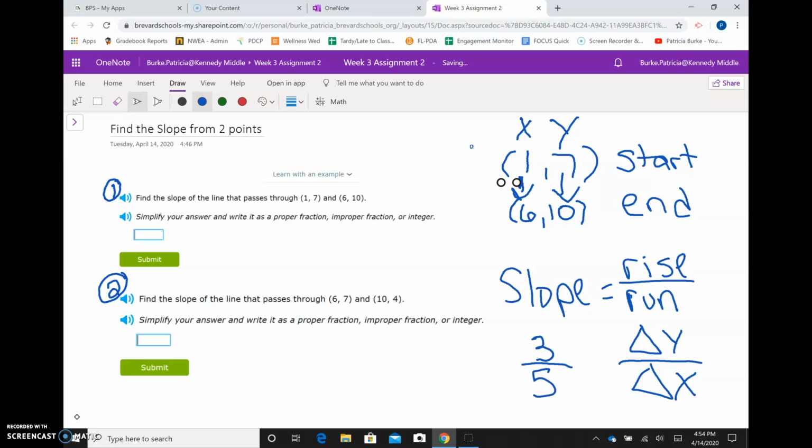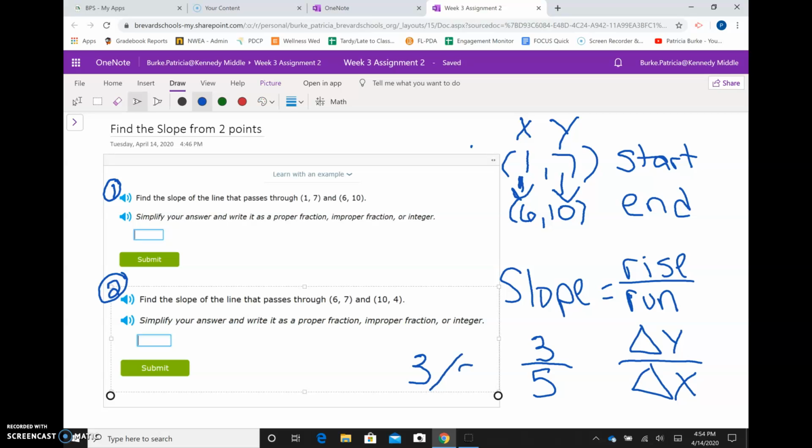So your answer for your slope would be 3/5, and you would hit submit. If you're having trouble finding the fraction bar, you type in 3, there is a slash mark right under the question mark on your keyboard, and then you type in 5, and that will get you 3/5 in your computer.